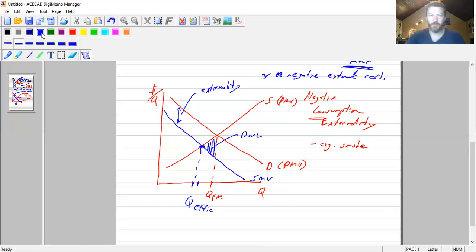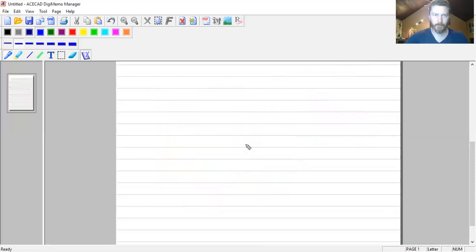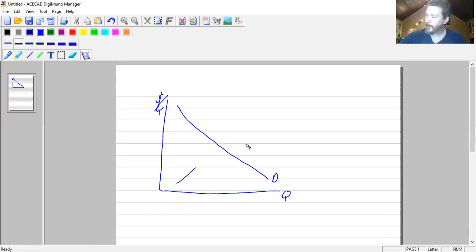This is so good, we'll just work with a third example. So there's a supply, private marginal cost, demand, private marginal value.